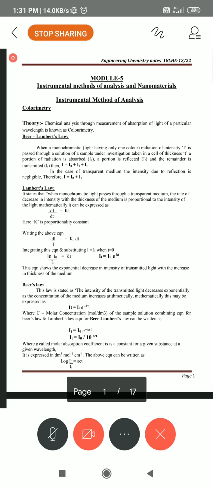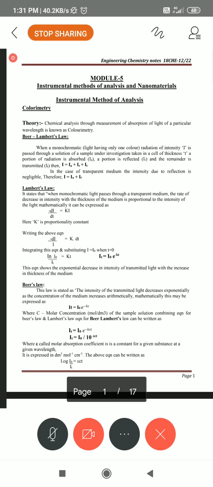In the same way, increase the dissolved salt from 1 gram to 2 grams, so 2% is absorbance. Increase to 3 grams, 3% is absorbance. So as you increase the dissolved salt in the standard solution taken in the cuvette, the thickness of the solution increases and the absorption also increases.